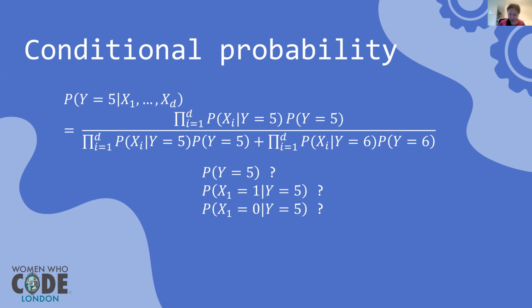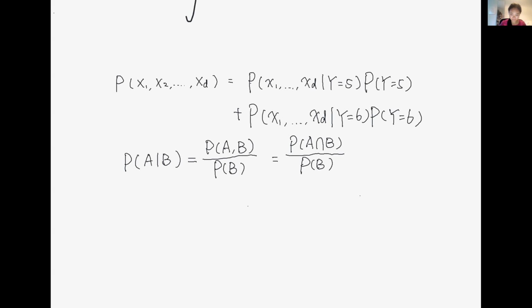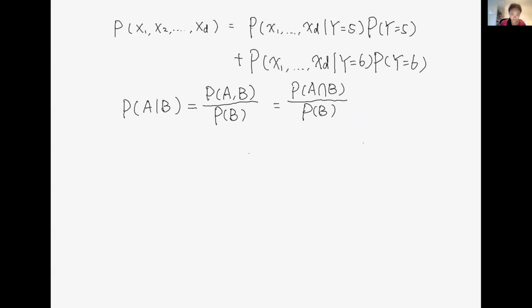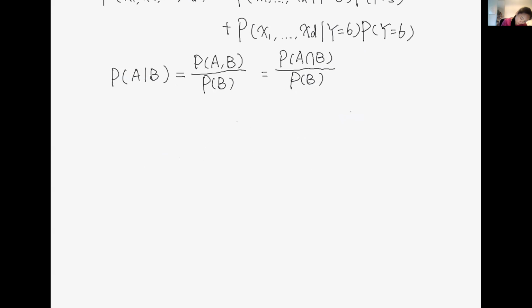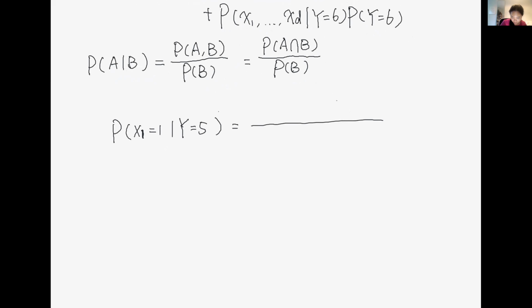So out of all these images, my probability of my first pixel being 1 on the condition that my image is 5 is that I'm going to calculate the number among all these images, the number of image 5.